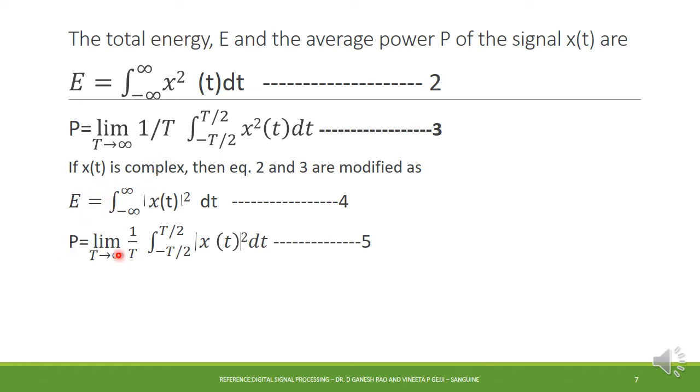There is no difference, only we have to take the modulus sign for the x of t signal.